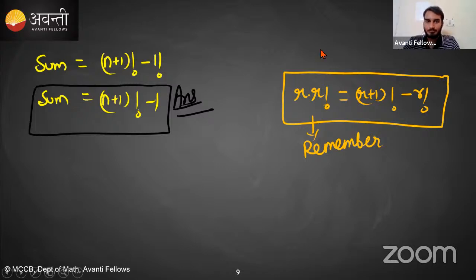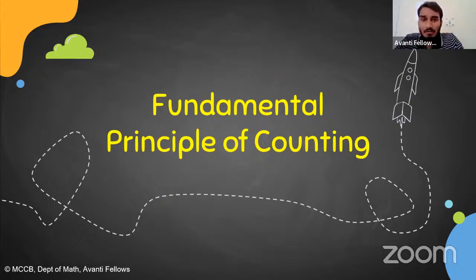Now let's start with the fundamental principle of counting. I'm telling you, students, it is very, very important to understand this, because without this understanding, you will not understand anything in permutation and combination. You can say this fundamental principle of counting is the backbone of the permutation and combination chapter.